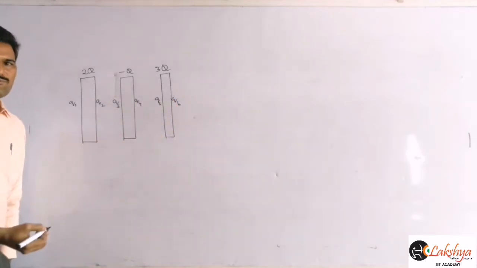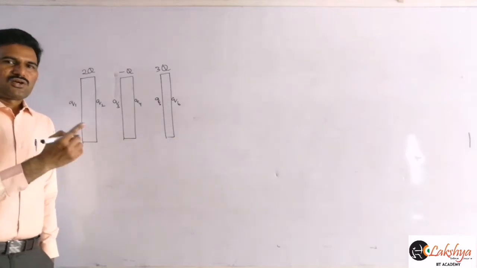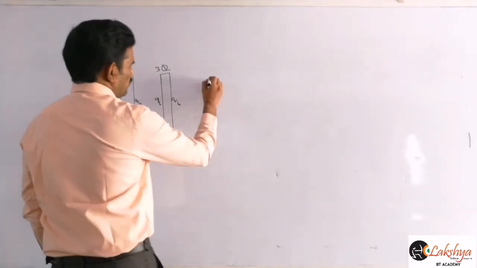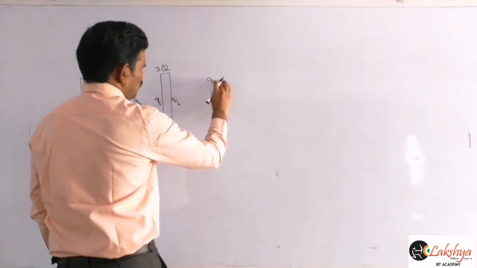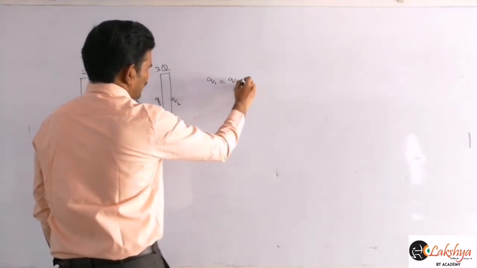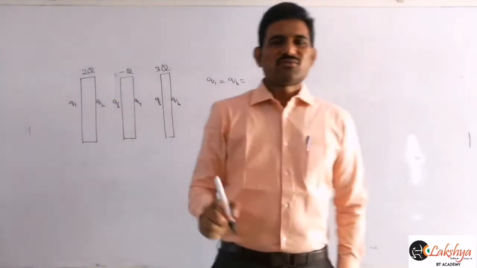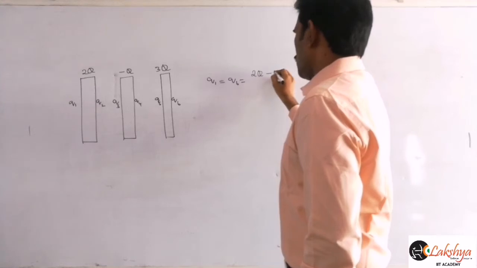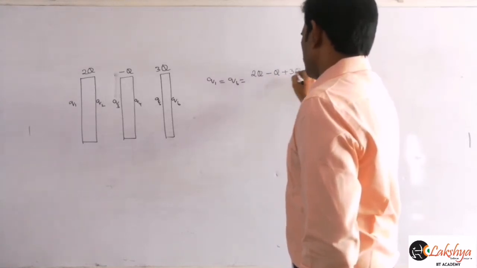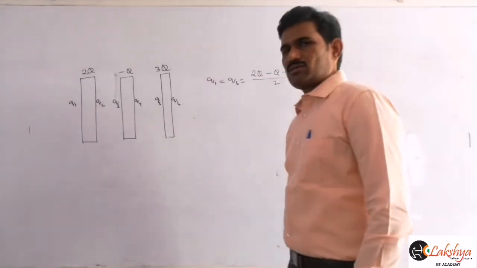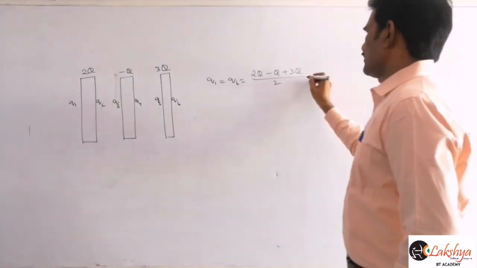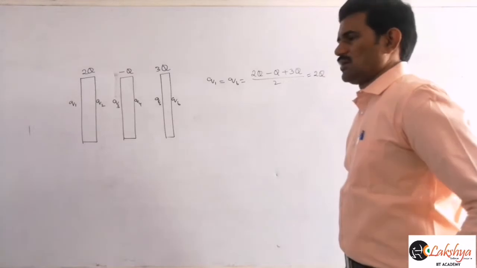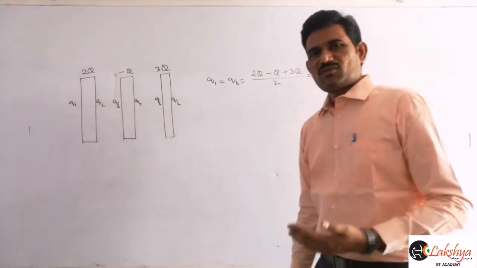Previously we discussed that the charges appearing on the outermost surfaces q1 and q6 will be the same, and this value is equal to half of the total charge given to the system. The total charge given to the system is (2q minus q plus 3q) by 2, that is 5 minus 4... so 2q you will get. So the charge present on the outermost surface will be 2q.